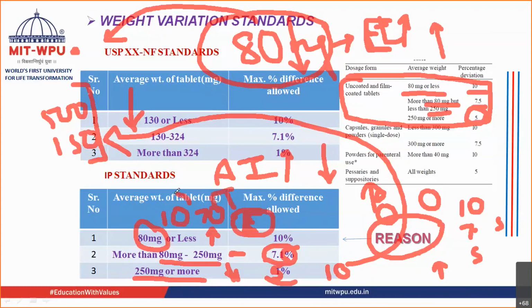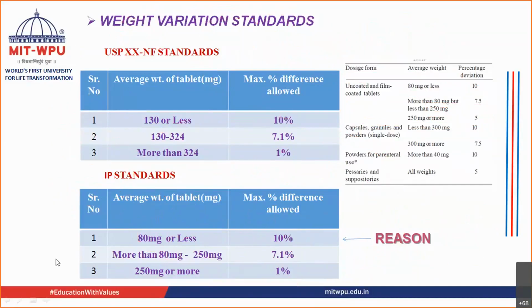That is why, when you say 10% deviation, it just comes to 0.1 milligram of drug. But if I take 650 milligram and allow 10% deviation, then it comes to near about 65 milligram. Are you understanding? So the deviation has gone to 65 milligram in this case, whereas if it is 10 milligram of drug, it is only 1 milligram.